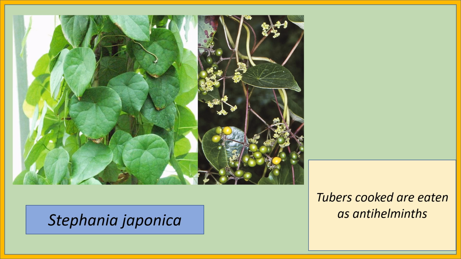Again, this is Stephania japonica. The tubers are cooked and eaten as an anti-helminthic. So this is again one important tuberous plant.